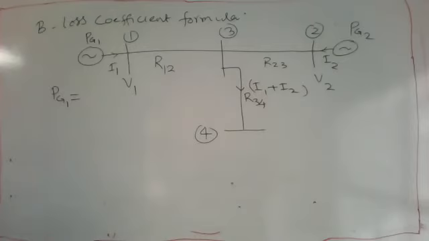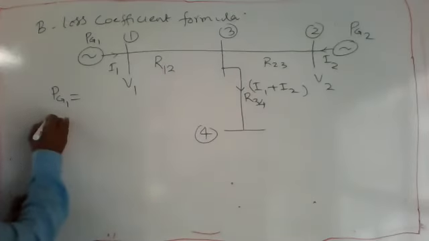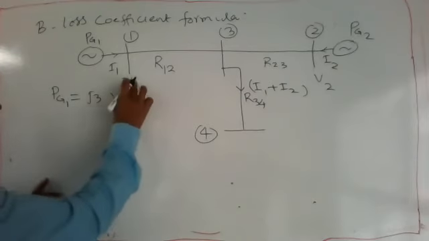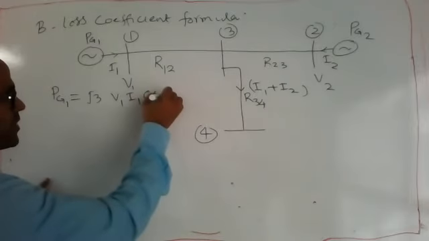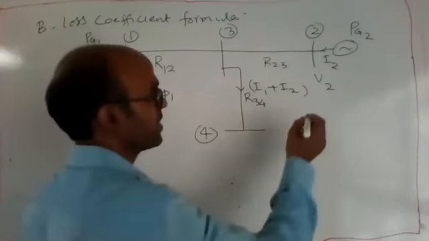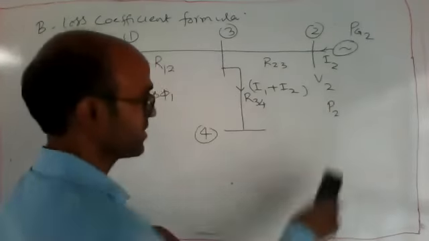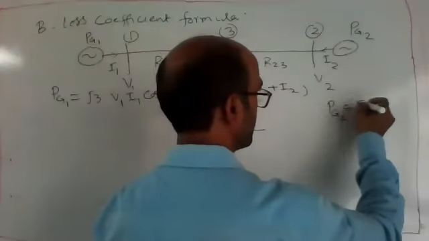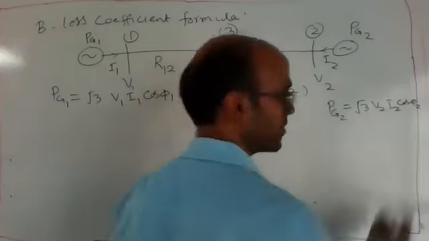Okay, but we do not require this voltage. We need only these. So you know the three-phase power formula: PG1 equals root 3 V1 I1 cos phi 1. Let the power factor of the generator be cos phi 1. Similarly, the generated power PG2 by the three-phase power expression is root 3 V2 I2 cos phi 2.